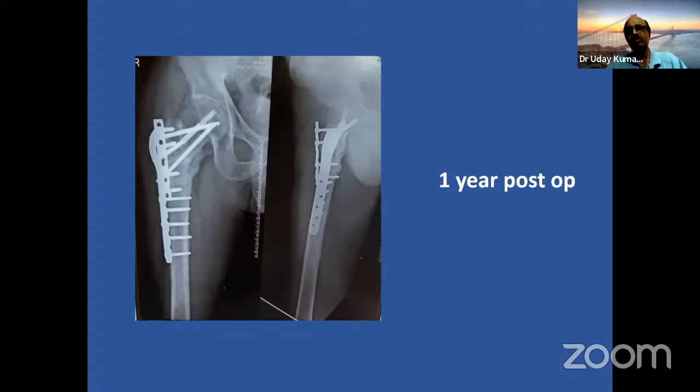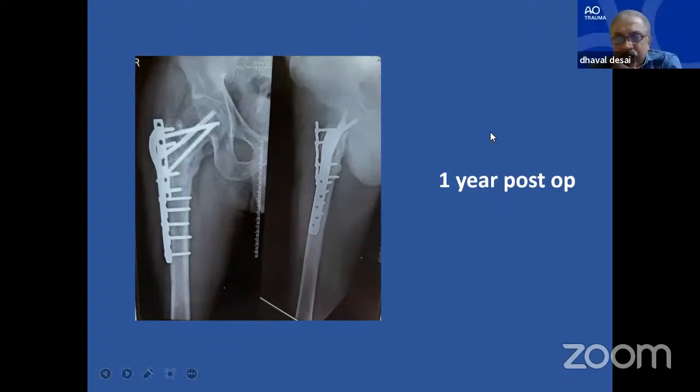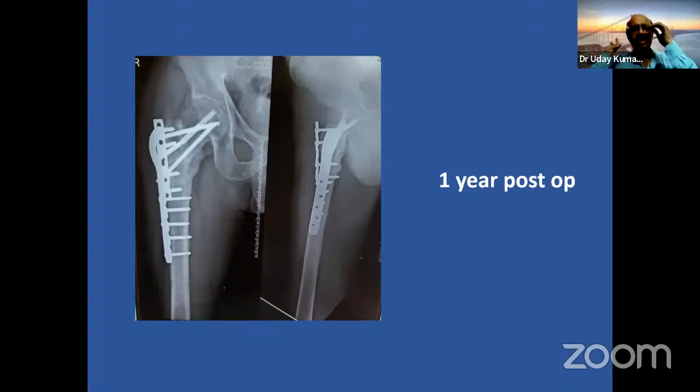With the newer plates which Dr. Dhawan was describing, there are some people who use it, even nearby, with good results, but overall the failure rates are higher. I totally agree. This was just on a trial basis. It's a nice case.